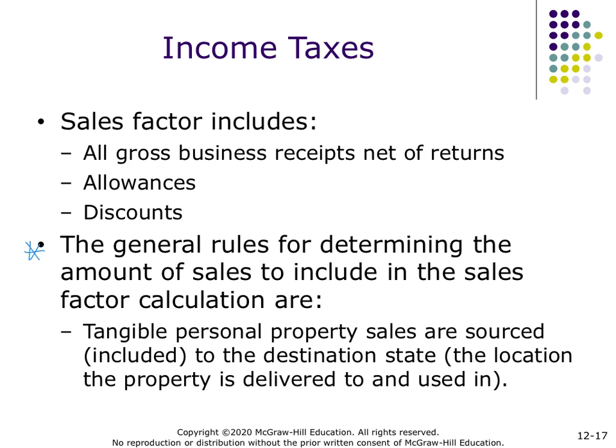That's called the throwback rule. For example, sales picked up by the customer, called dock sales, are generally sourced in the destination state rather than the state where they were picked up.